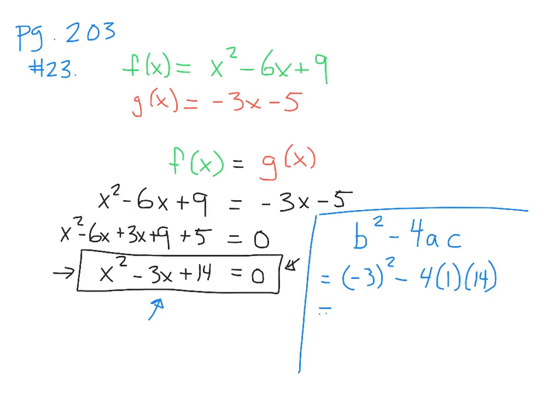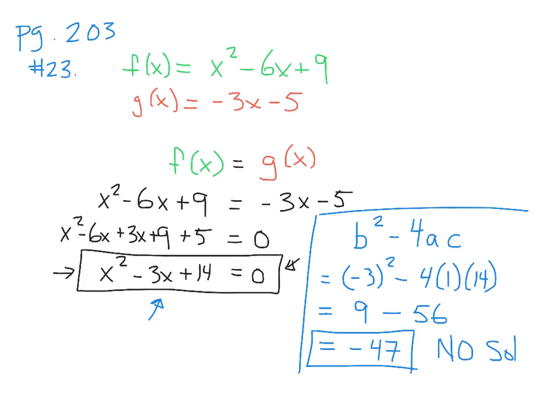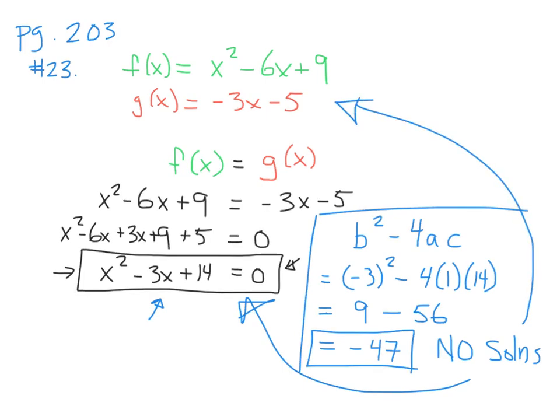So I end up with 9, and -4 times 14 is -56. So this equals -47. Since the answer is -47, there are no solutions. So there are no solutions to that, or obviously there are no solutions to this. These two things will not meet each other.